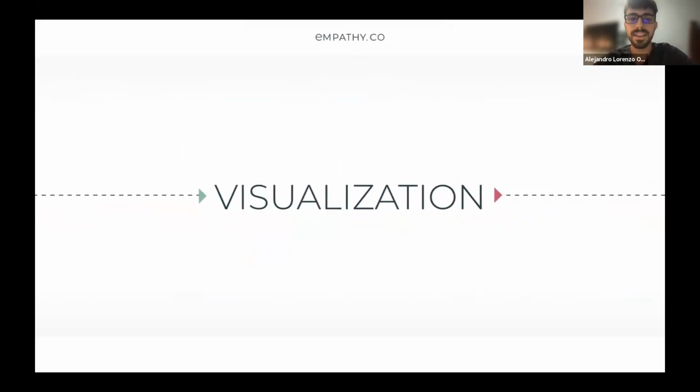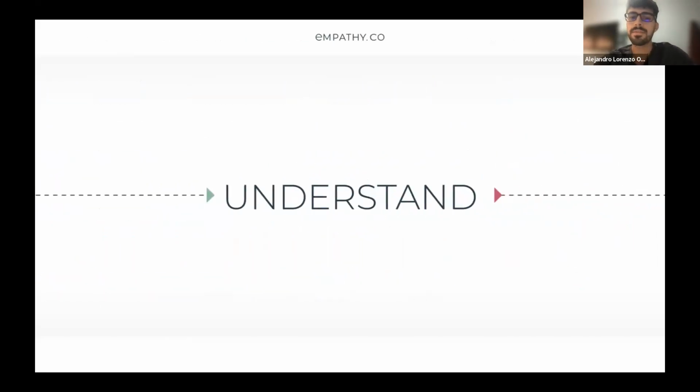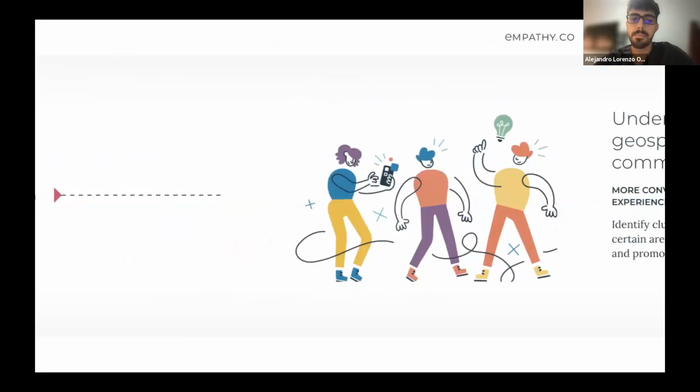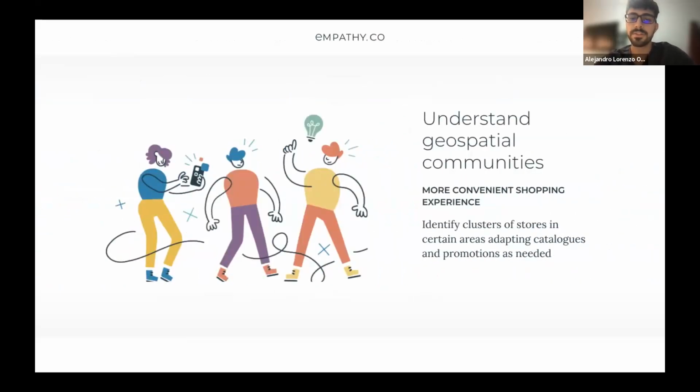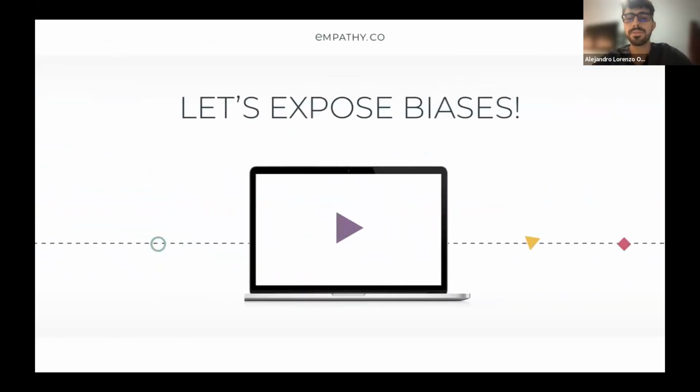We articulate the biases in visualizations easy to understand at first glance: the metrics, the shapes, and the synonyms. After all, even customer and merchant may speak the same language, though so differently, and we are all equal and we all deserve to be understood. Making the aforementioned visualization just partial or tied to brands as needed. Now, my colleague Alvaro will show you a demo of this prototype.